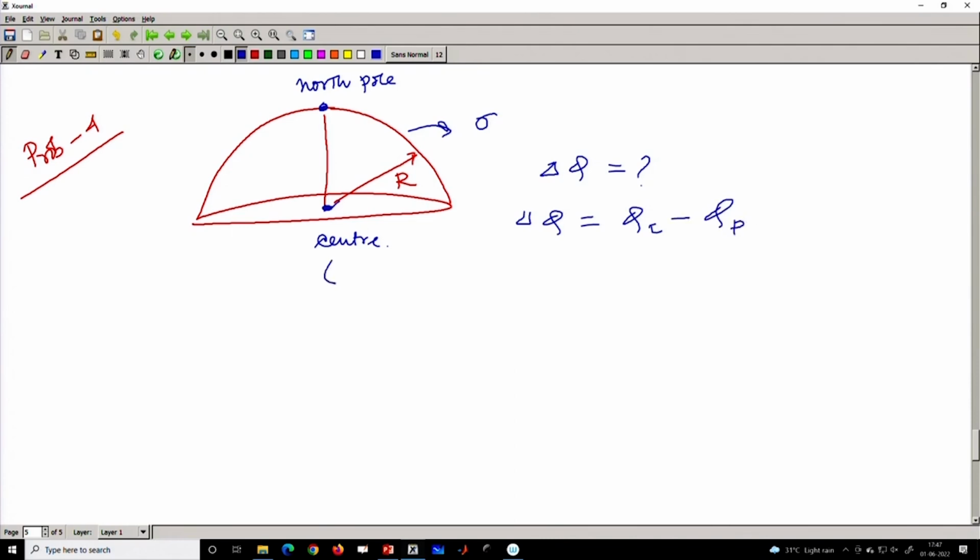So, the potential here is C, and here the potential is P. What is the potential difference when there is a surface charge distribution and sigma is the surface charge density?